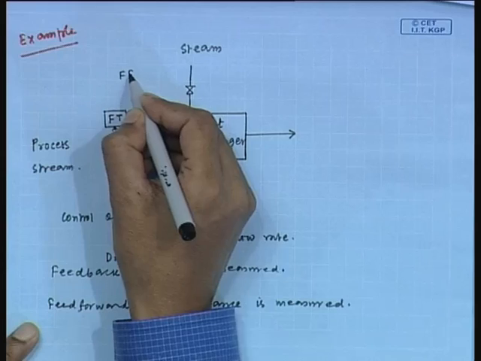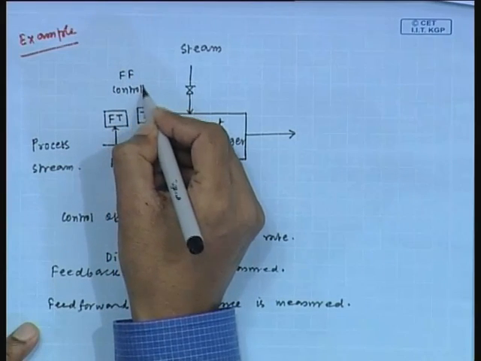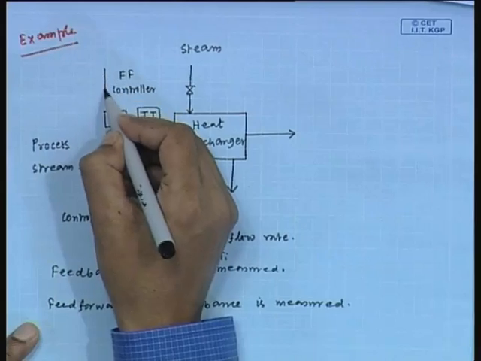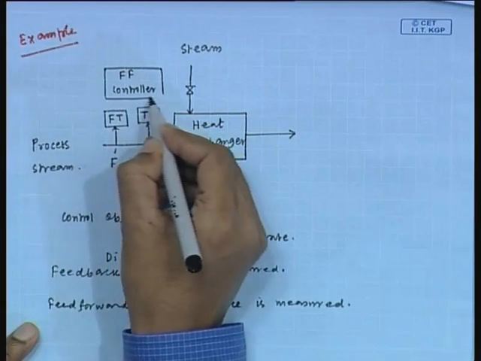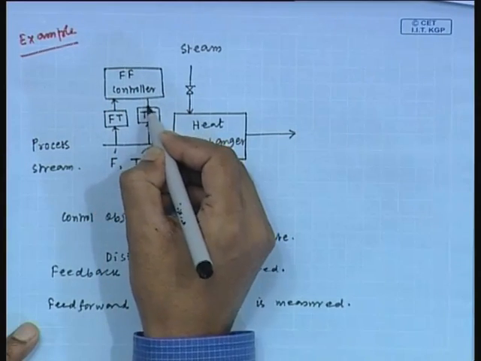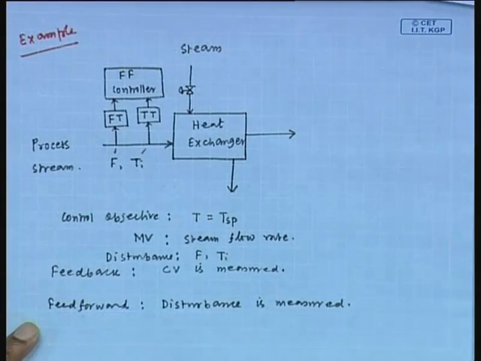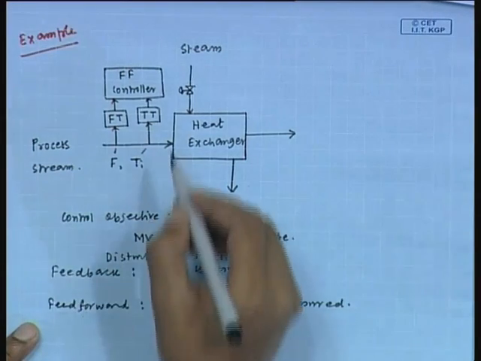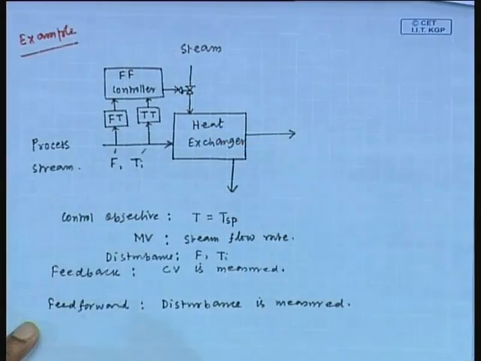Then one feed forward controller block can be included, and then this control action is implemented through this control valve.